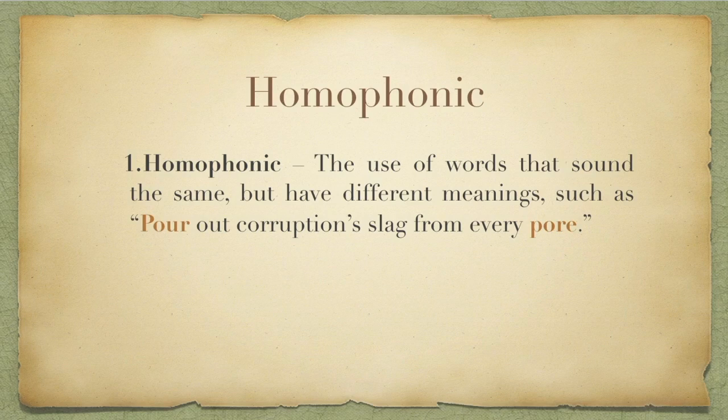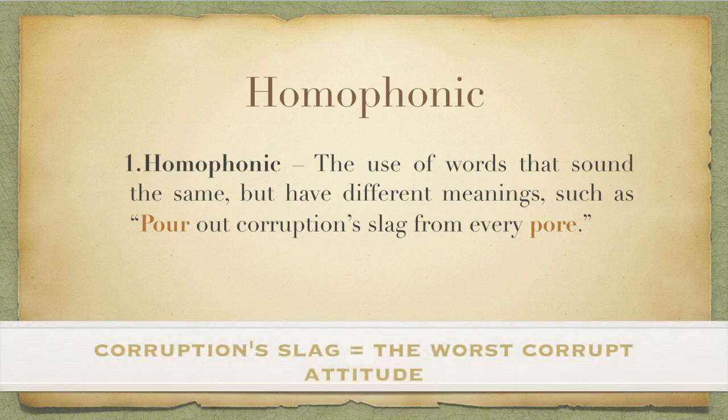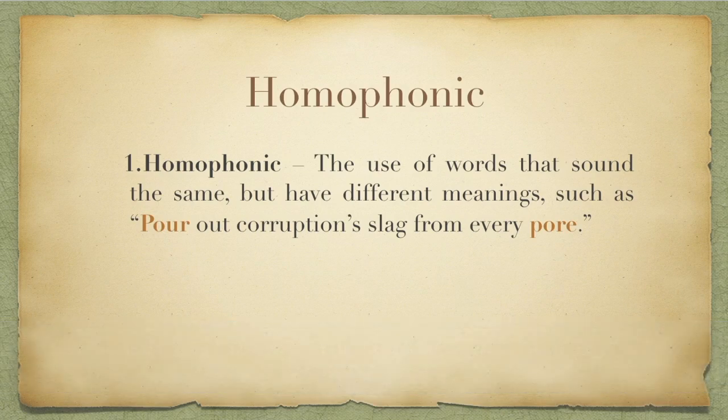So, category number 1, homophonic. The use of words that sound the same but have different meanings, such as "put out corruption's slag from every pore." And in this case, pore has the same sound as pour.